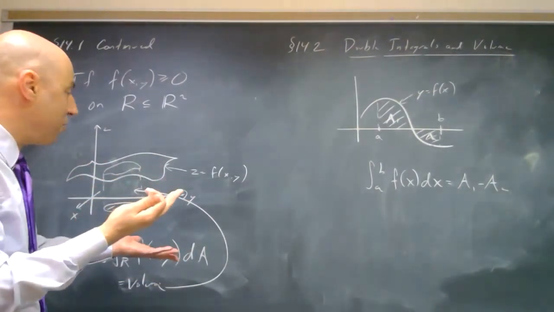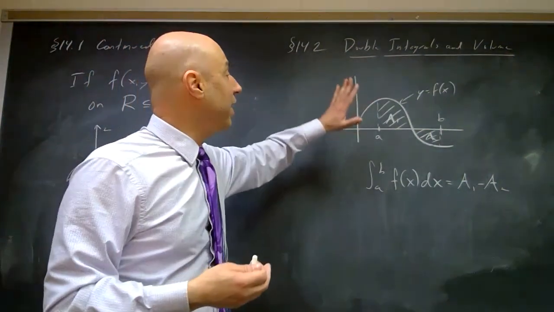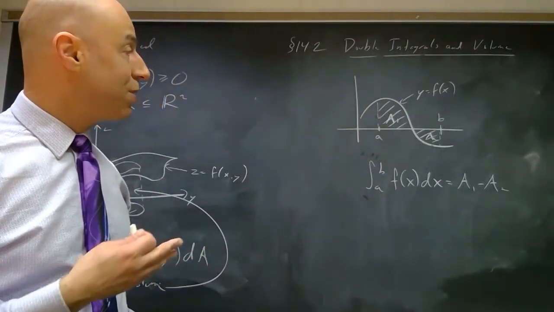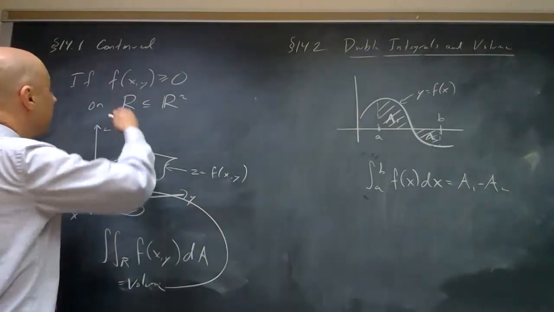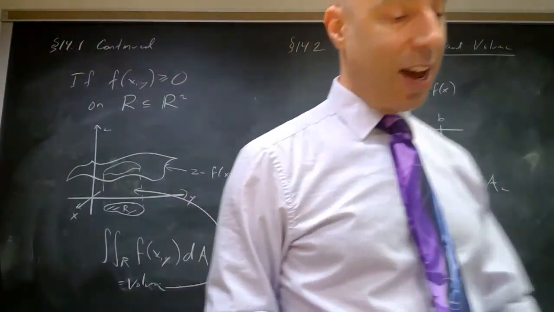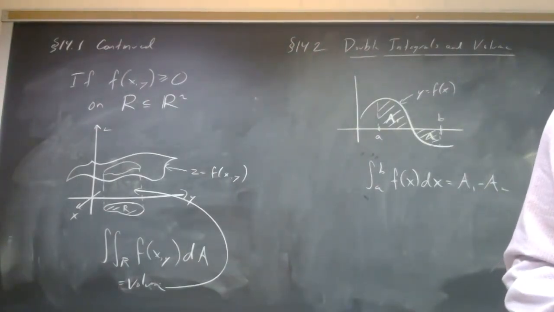So just like the integral can be interpreted as the concept of signed area, plus and minus, the double integral we can interpret as signed volume, where stuff below the x-axis counts as negative volume.